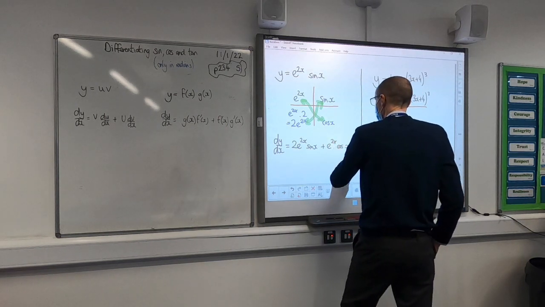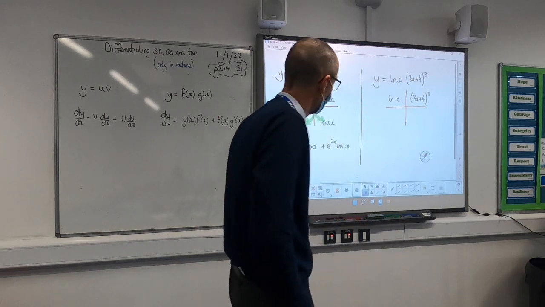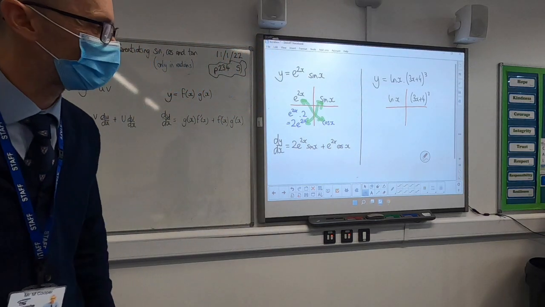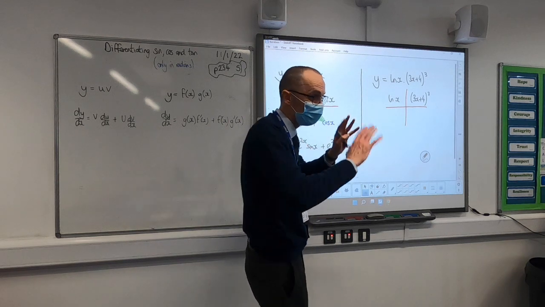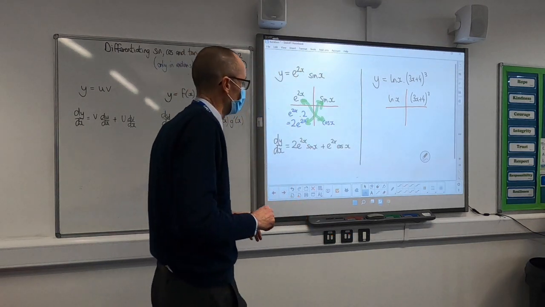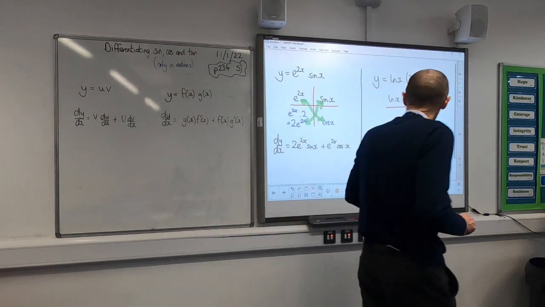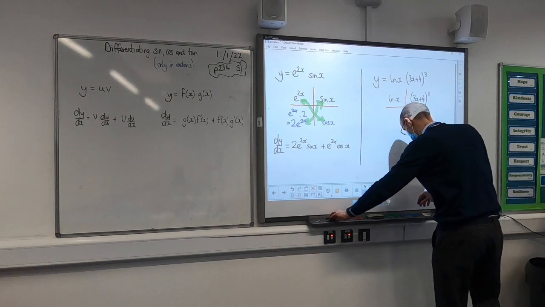Doesn't matter which way around you write that. But I think if you were going to put cos x e to the 2x, you'd have to make clear that e to the 2x isn't part of the angle, so you might have to use some brackets there. And I know I've been using dots. You can dispense with the dots or use them as you wish.